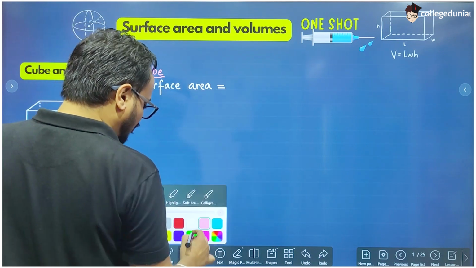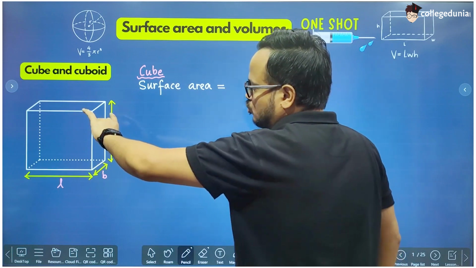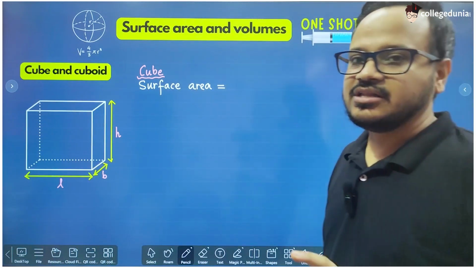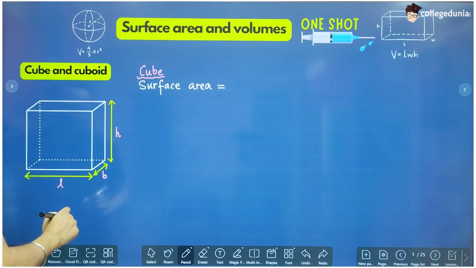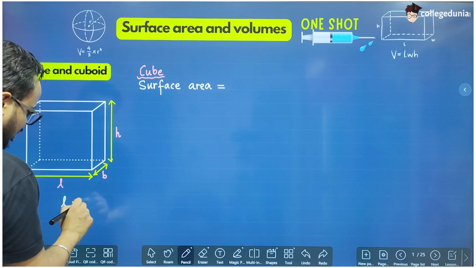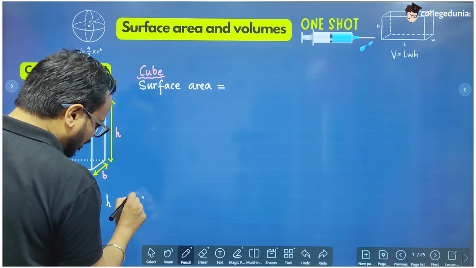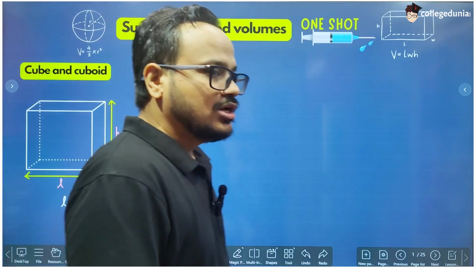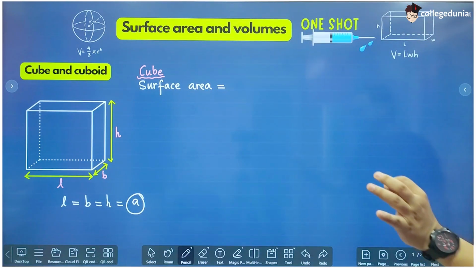So surface area of cube is, now this cube has 6 faces and all the 6 faces are square, and since length, breadth and height all are equal, so let us take all of them as A, right? Since all of them are equal, you can use any symbol for length, breadth and height.